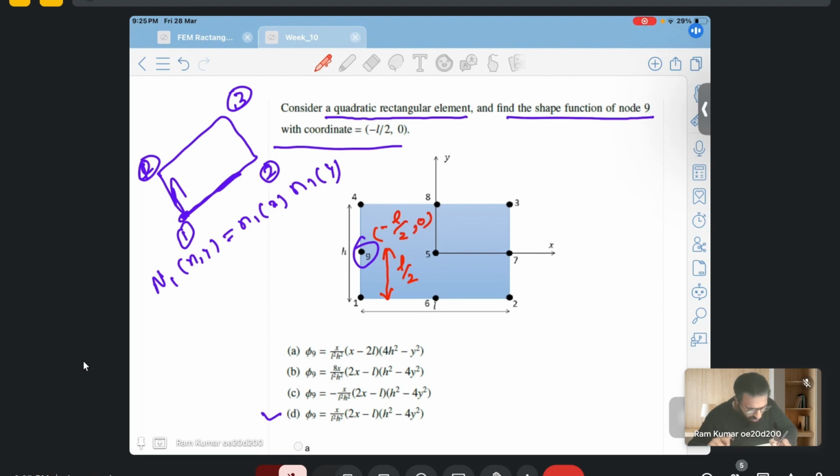Then the coordinate of this one is minus L by 2, minus h by 2, correct? Yes, sir. Then what will be the coordinate of 4? It will be minus L by 2 and h by 2.